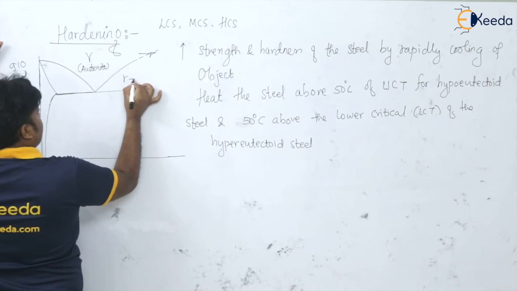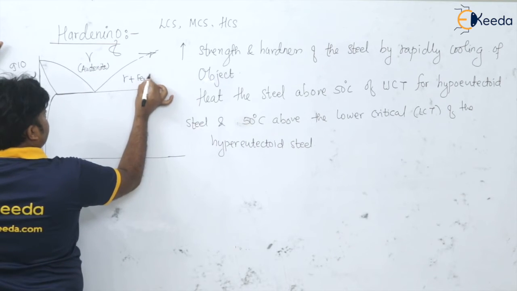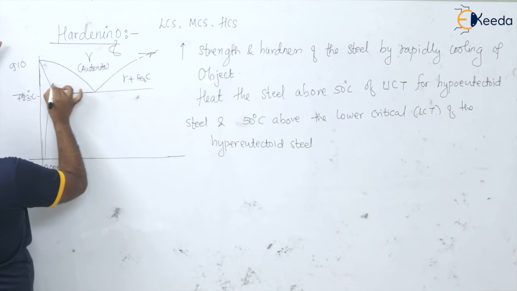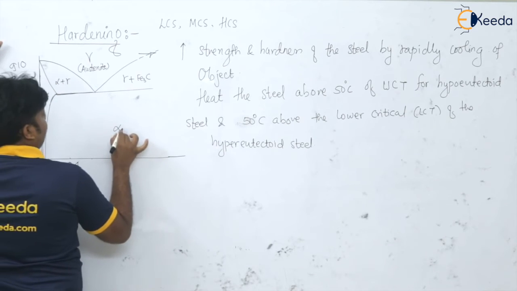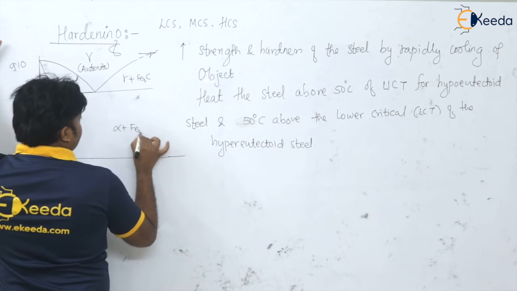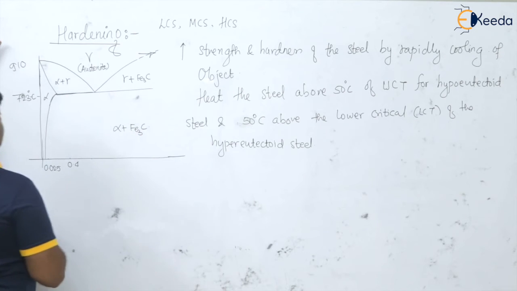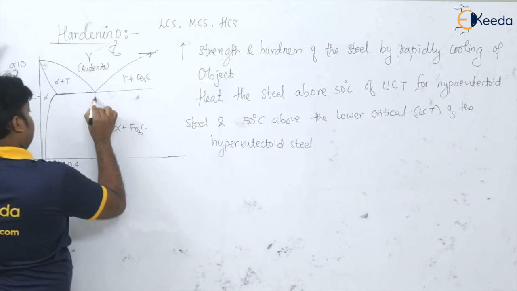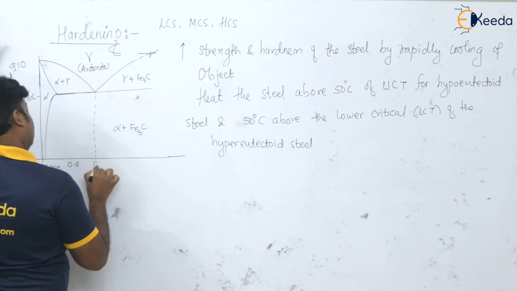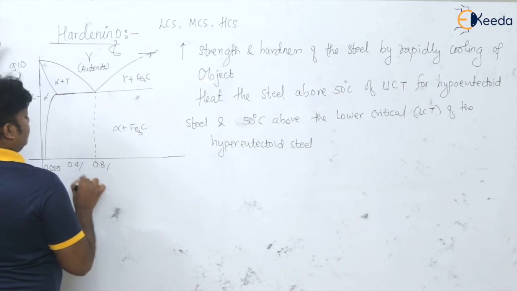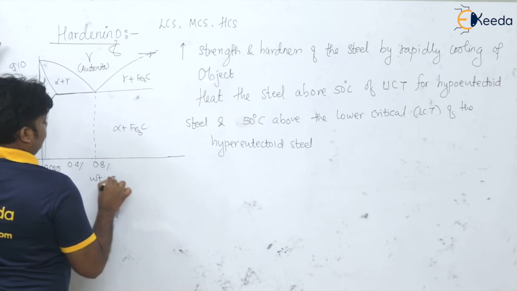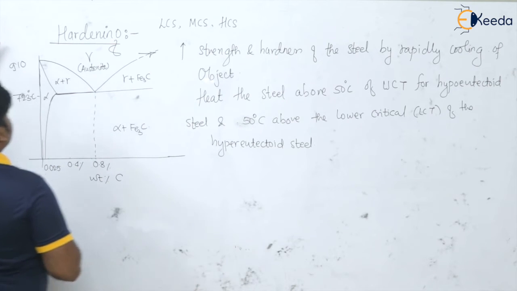This is gamma plus Fe3C, this is alpha plus gamma, this is our alpha, and this is alpha plus cementite. It's pearlite, isn't it? So this is 100% pearlite, we know very well, at 0.8% carbon, the weight percentage of carbon, isn't it?